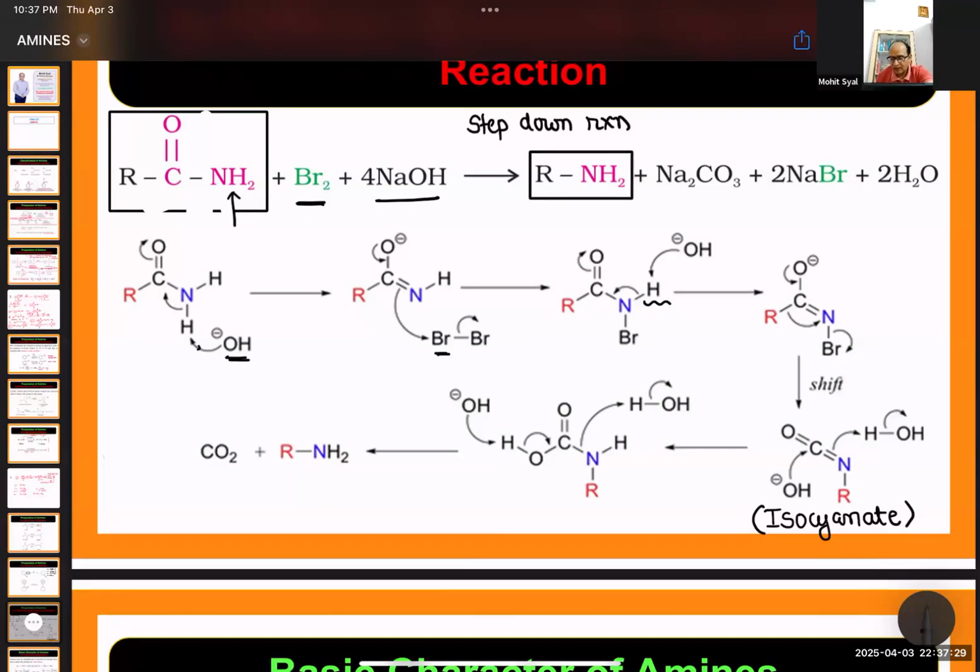And this undergoes hydrolysis in the basic medium. So this turns to carbamic acid, and this ultimately breaks into an amine.